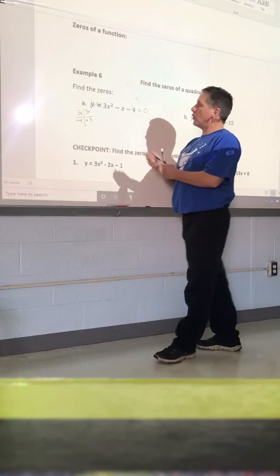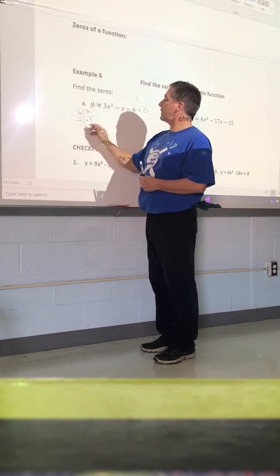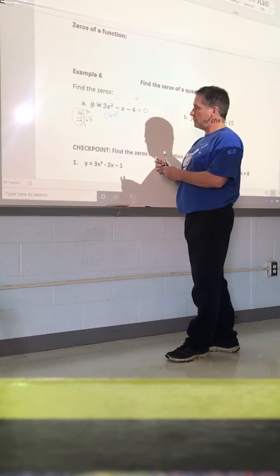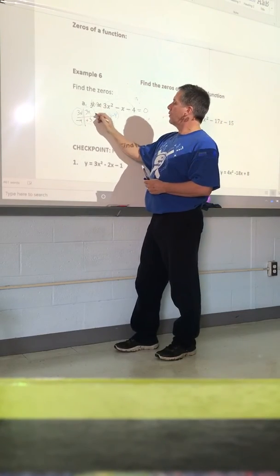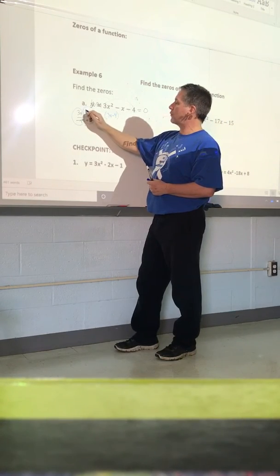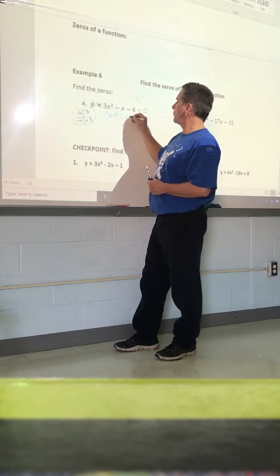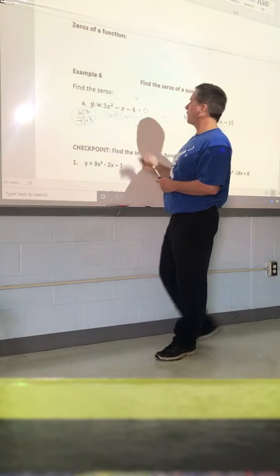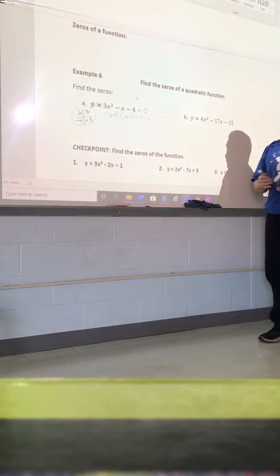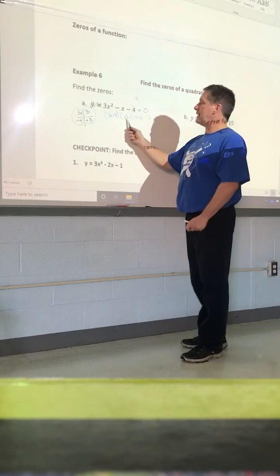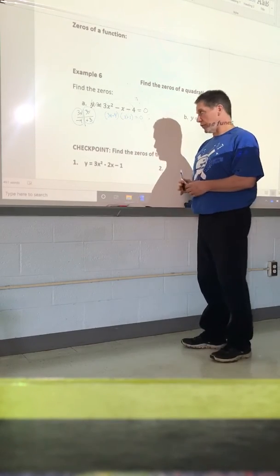So we go over here, 3x plus 4, we can't factor anything out of it, so we leave it as 3x minus 4. Then our 3x plus 3, we can factor 3 out, so that becomes a 1, and it leaves us with x plus 1 equals 0. Just like before, we take each of these, set them equal to 0, and solve.